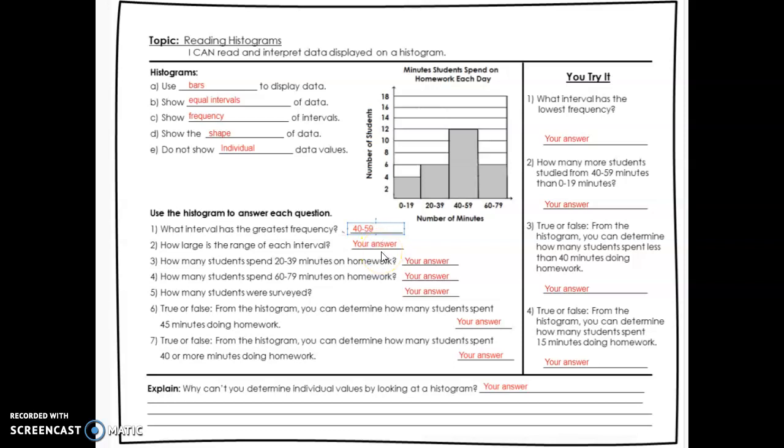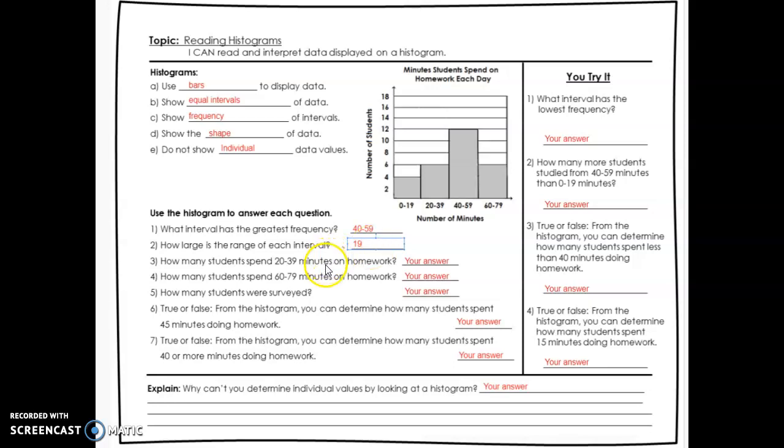How large is the range of each interval? So the range is the high minus the low. So when we look at this, the high is 19, the low is 0. So 19 minus 0 is 19. Or 39 minus 20 is 19. 59 minus 40, 19. So for each one of them, it is 19.